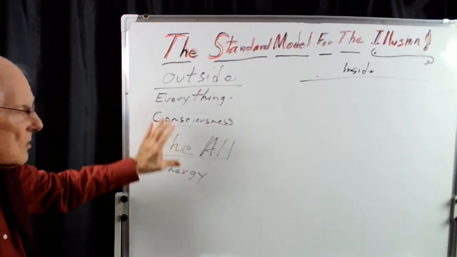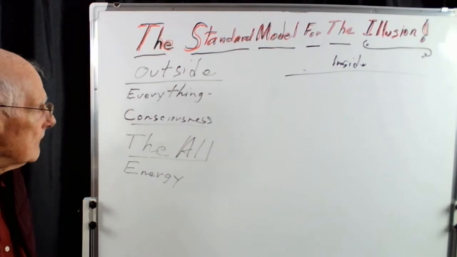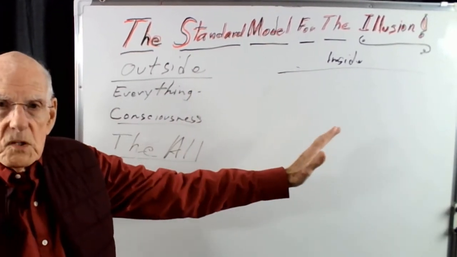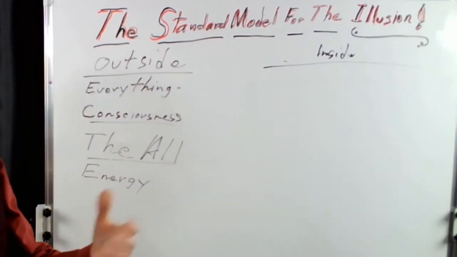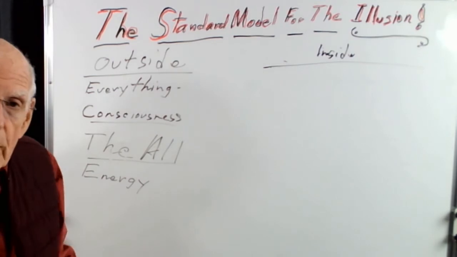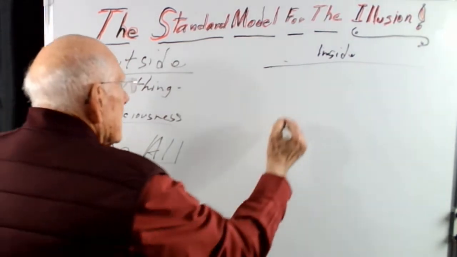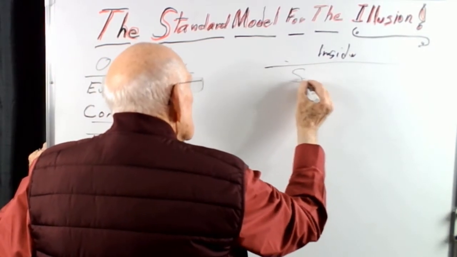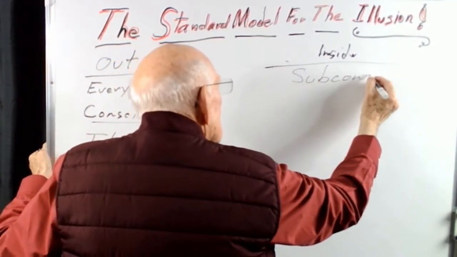So this is outside of us. Everything is outside of us. And what's inside of us? For lack of something else, we have divided that up into about 3 or 4 things. We talk about the subconscious. So we have the subconscious.